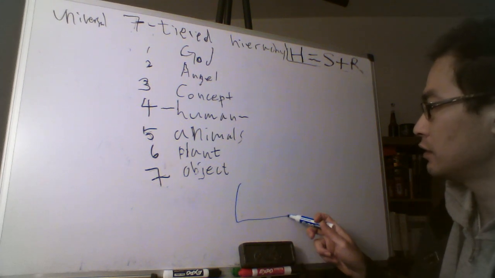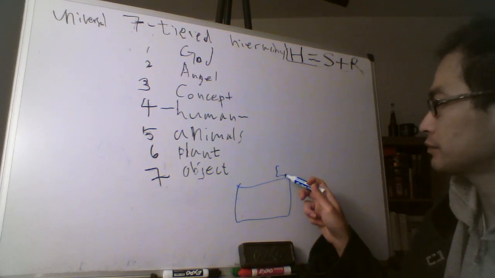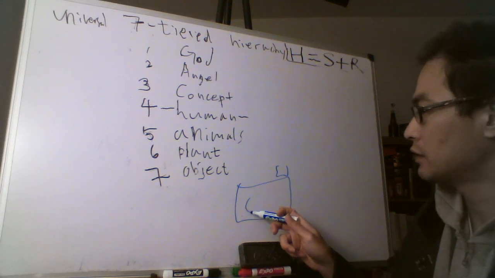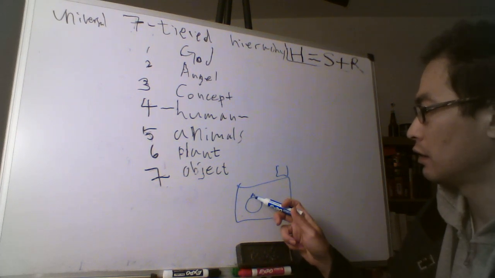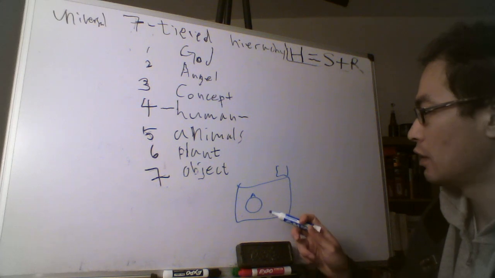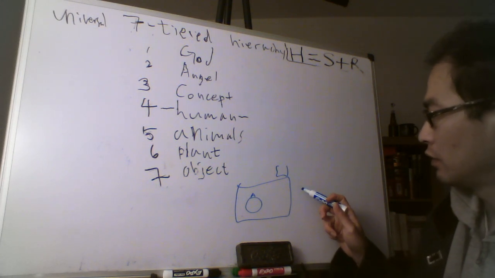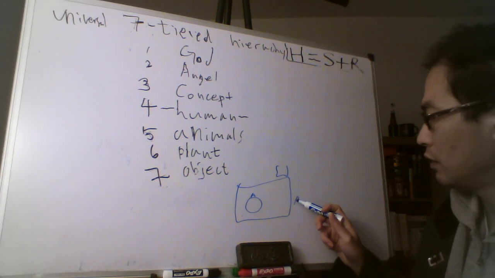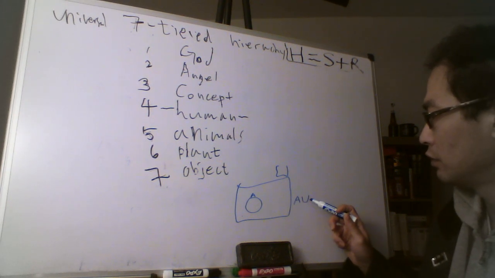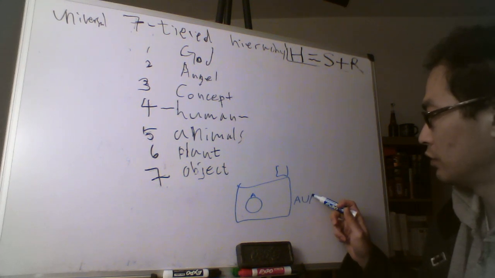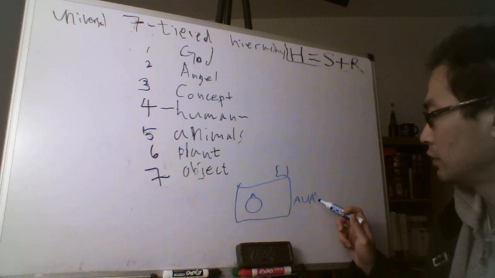Okay, this is a universal set. This is set A, inside the circle. Outside the circle is called A complement. So A union A complement is equal to what?